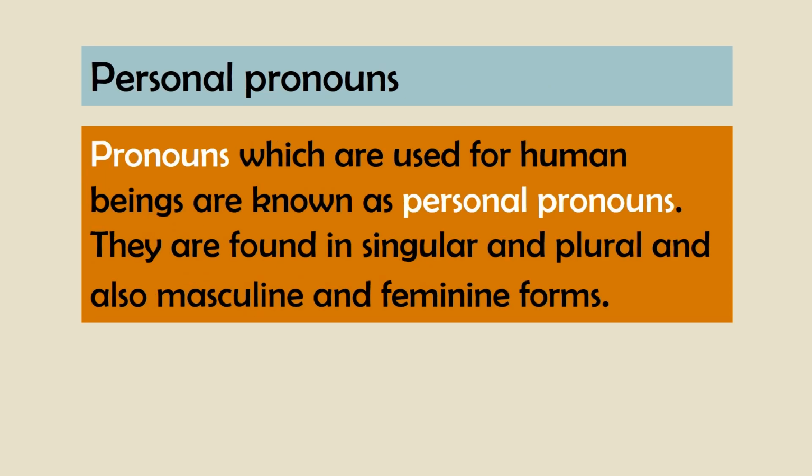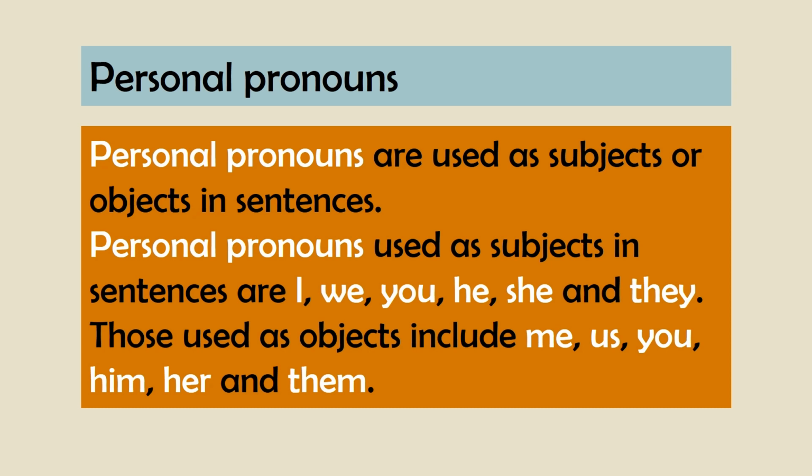Personal pronouns. Pronouns which are used for human beings are known as personal pronouns. They are found in singular and plural and also masculine and feminine forms. Personal pronouns are used as subjects or objects in sentences.